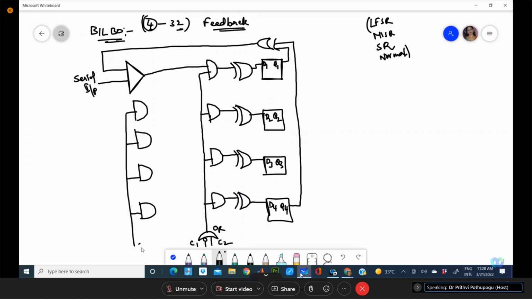Now I take this C1 control, and independent circuit responses, after testing we get the circuit responses that will be fed through these AND gates. And now this AND gate output will be the input to the XOR element.